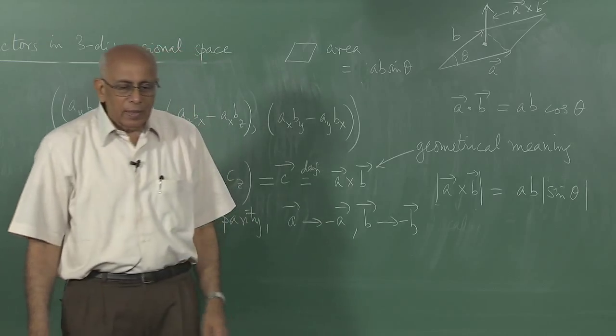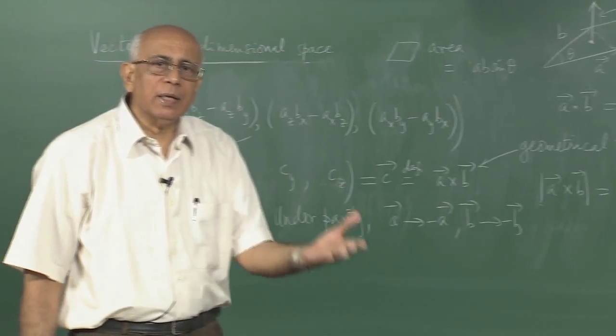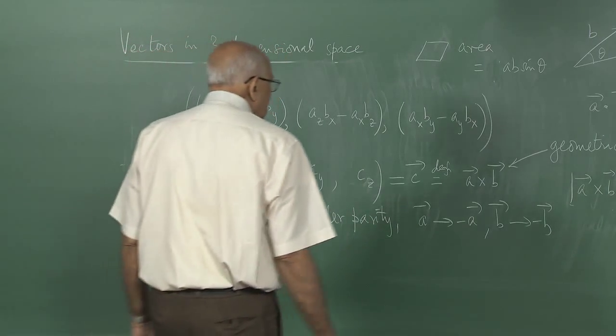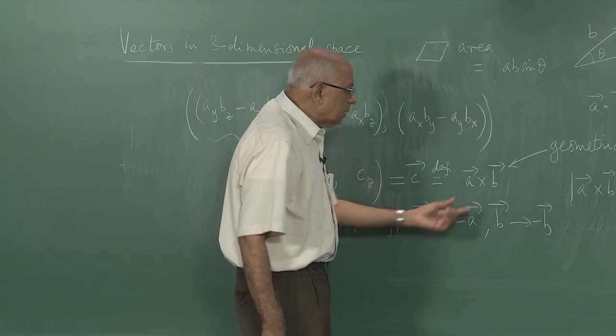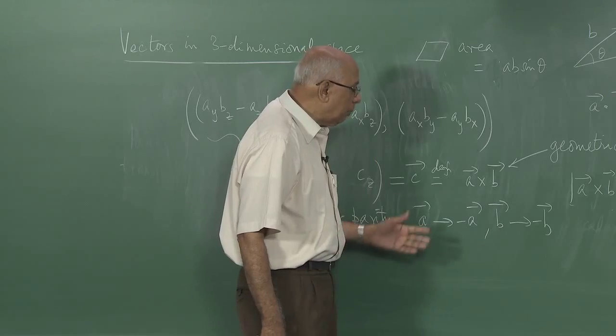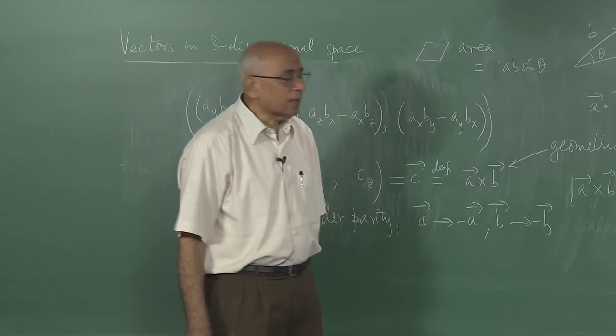We already said under rotations A cross B behaves exactly like the position does or the velocity does and so on, and therefore it is a proper vector. So if A and B are proper vectors, A cross B is a proper vector under rotations, but under parity it does not change sign, whereas all vectors change sign.